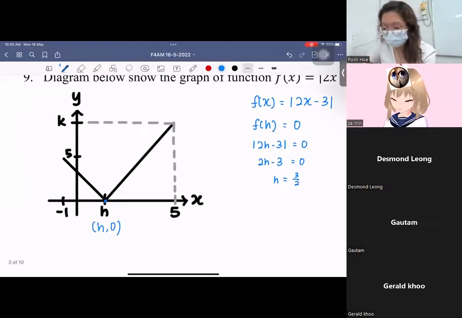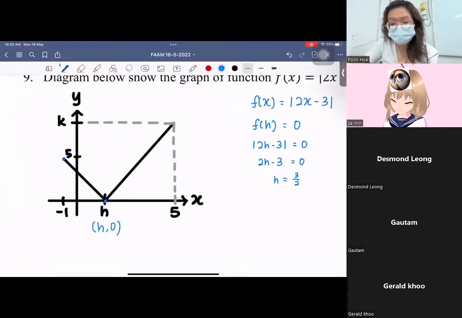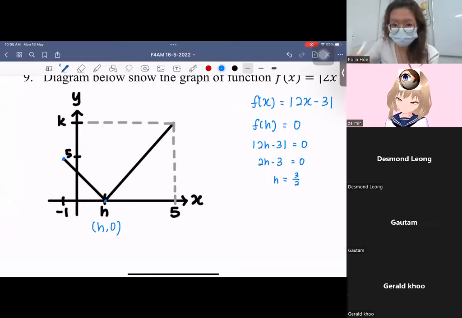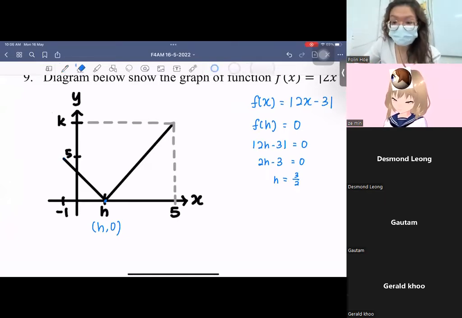Nothing to do with this, negative 1 and 5. This one is just to make you confused, purposely. Nothing to do with this point.